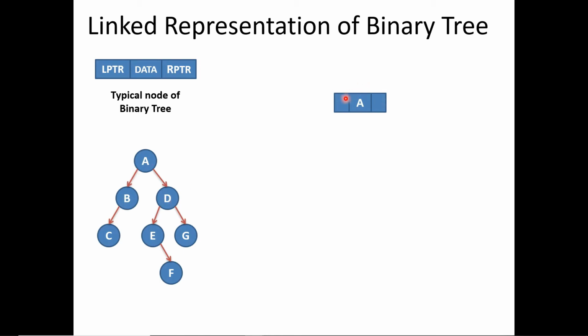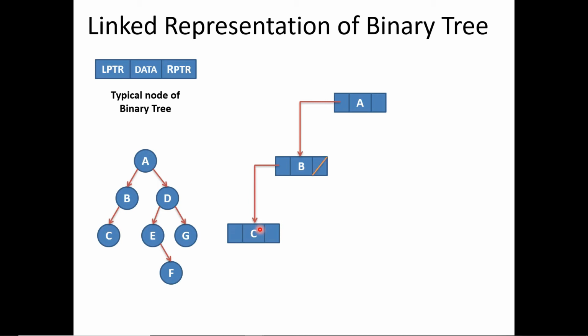So now from here we have to make left pointer, and in left pointer we have to put B in the data part. Now B again has left child C, so we have to make a left pointer of B and put this value C in this node's data part.